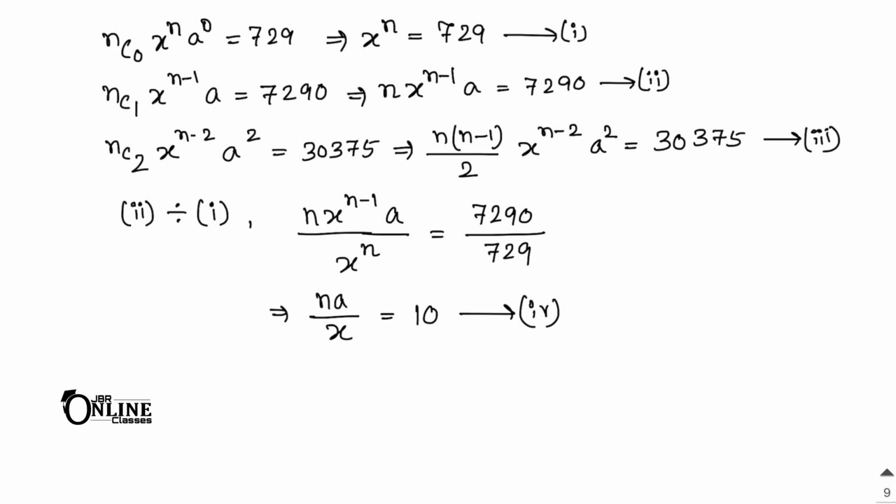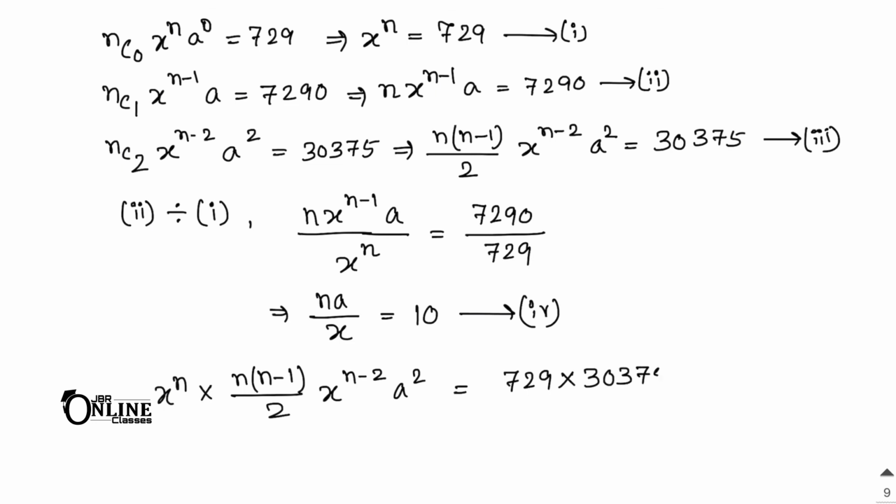So x to the power n into n minus 1 by 2, x to the power n minus 2 a square, and on the right hand side 729 into 30375.